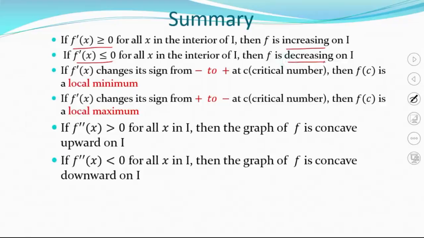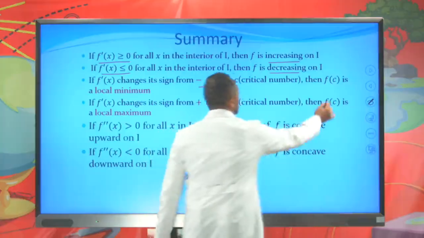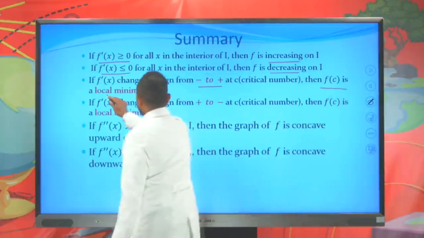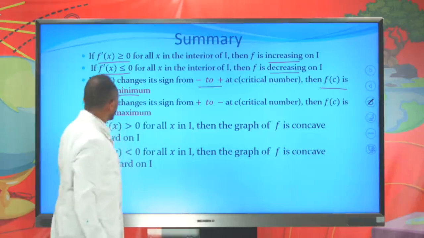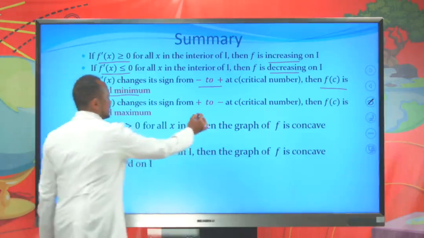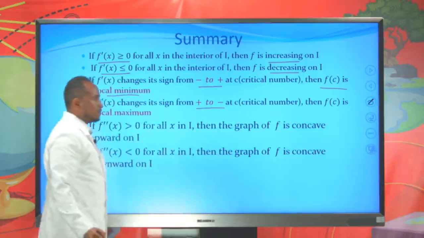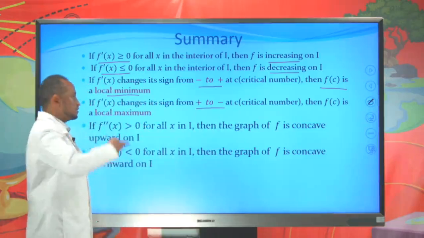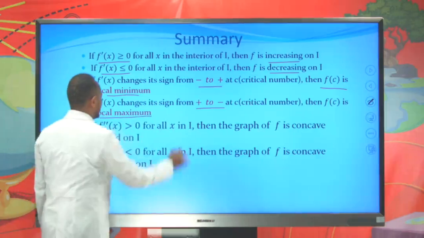If the derivative changes sign from minus to plus at c, then f of c is a local minimum value. If the derivative changes its sign from plus to minus at the critical point c, then f of c will be a local maximum.